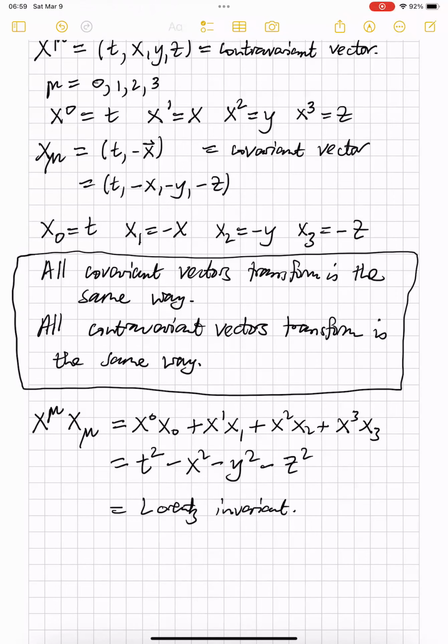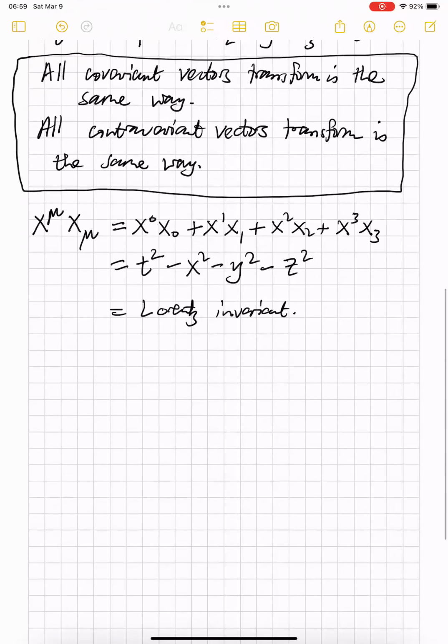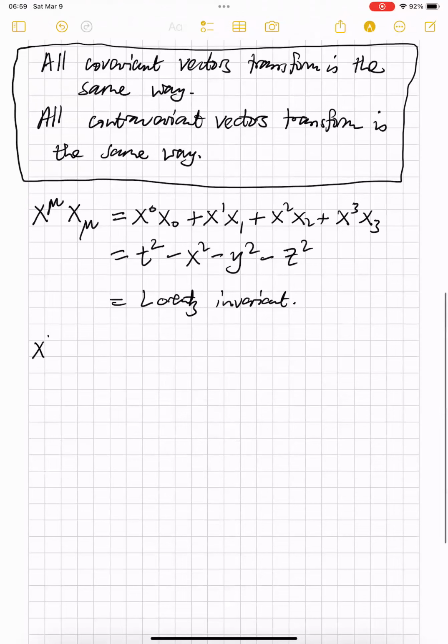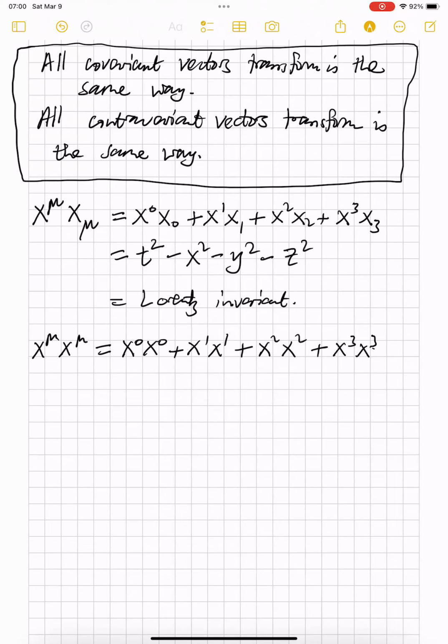Now, let me make one other comment. If you were to take x mu up and x mu up, and you try to apply the summation convention to this, so x0 up times x0 up plus x1 up, x1 up plus x2 up, x2 up, what would this be?